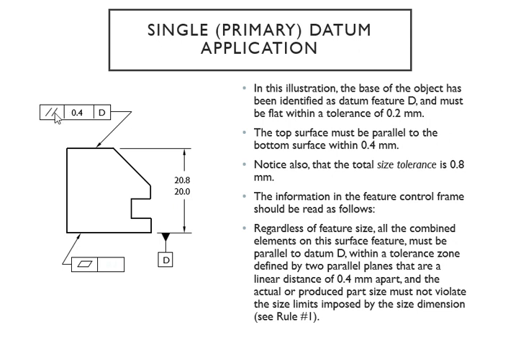So this parallelism is looking at this surface and then that surface, okay? And here is 0.4 millimeter, see? Meaning those two surfaces have to be parallel to each other within 0.4 millimeter.